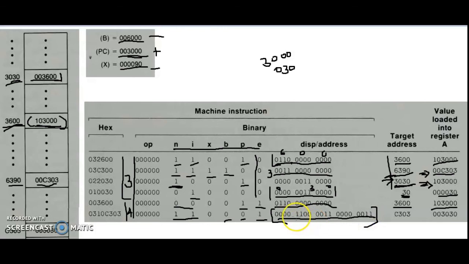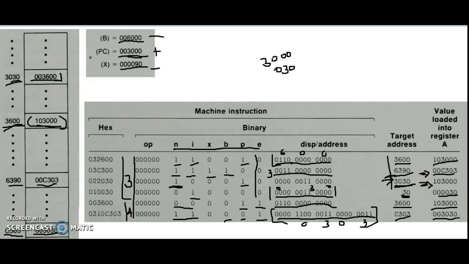So 1100 is C and 0011 is 3, 0. So you will be getting the address C303 from the memory. What value will be retrieved from the memory? From C303 you will be getting the value 003030, which is loaded. This is the example. You need to understand it so that it will be helpful when studying the architectures in detail in the coming modules.